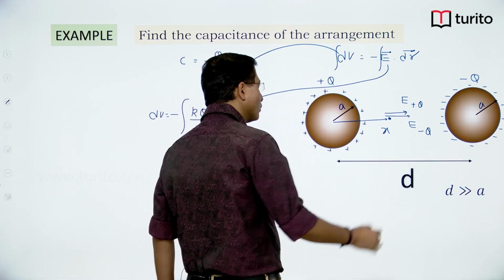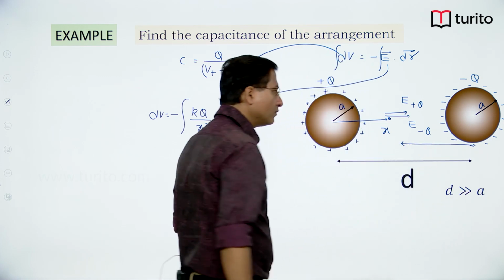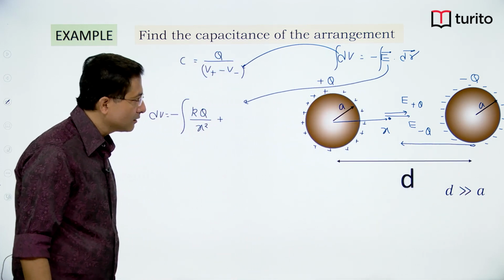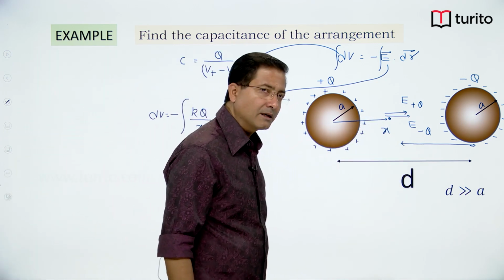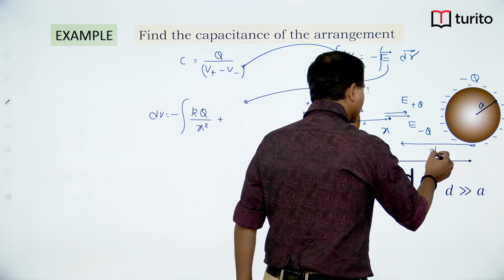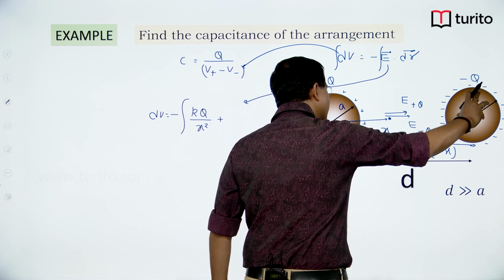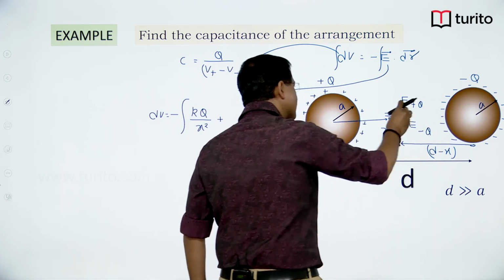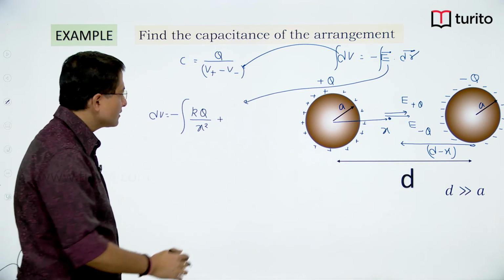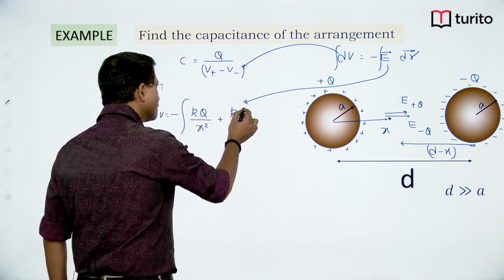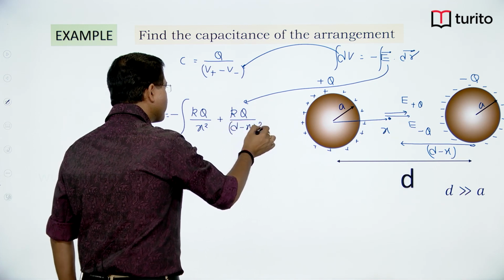So, what is the distance of this point from the center of the sphere? If the total distance is d, out of that this is x, the remaining is d minus x. So, if I assume the whole charge is concentrated at the center, from the center at distance d minus x, the field produced by the charge is kq by (d minus x) whole square, right.